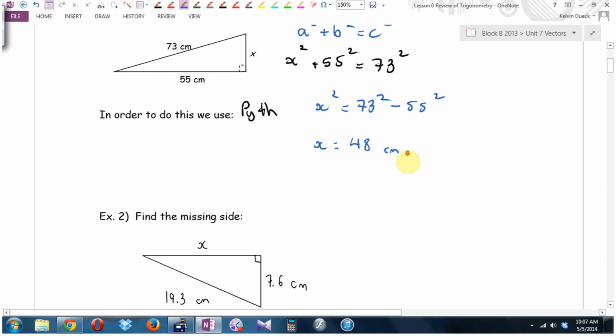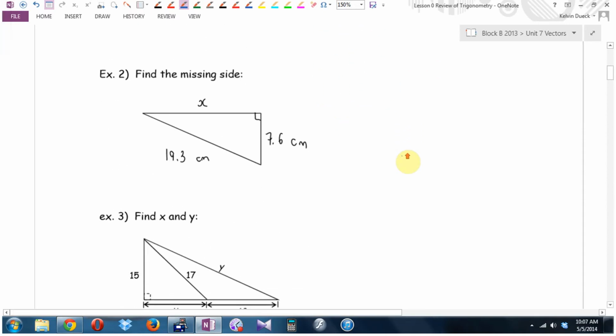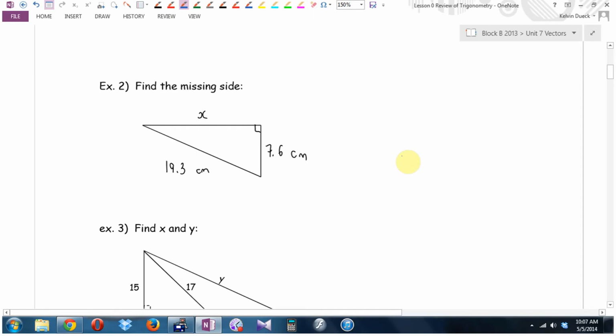Example 2, find the missing side. Now, Zach, my friend, you've been doing Pythagoras since grade 8, yes? I'm going to give you permission in your homework to do this question showing no work whatsoever. In other words, can you first of all tell me the equation, please? No, specific to example 2.